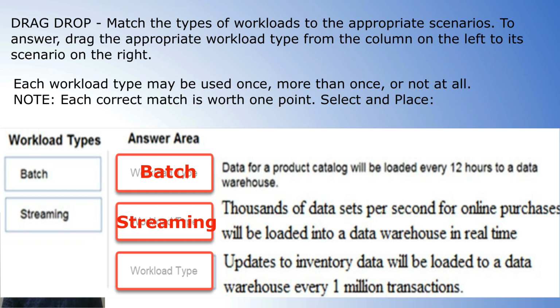In the third description, data will be loaded to a data warehouse every 1 million transactions. That means data is loaded periodically. So this description will match with the workload type of batch.